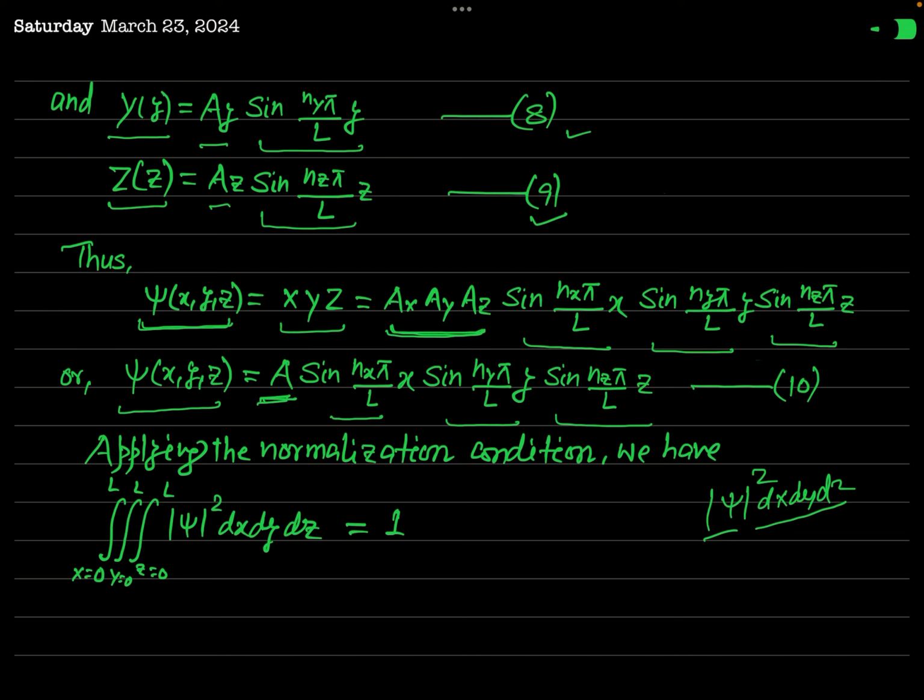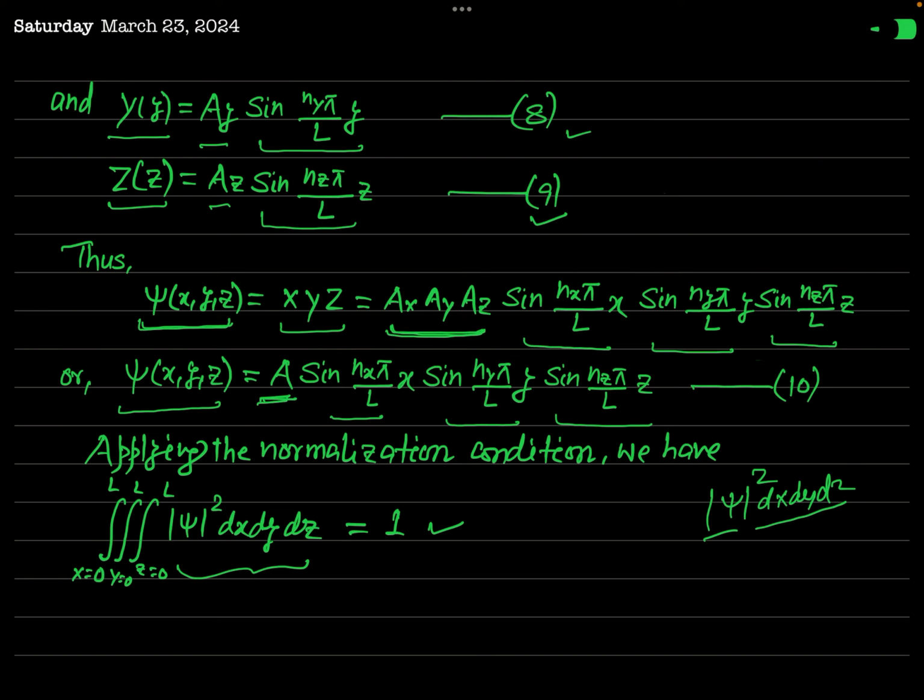It is not a probability, it is a certainty. So if you obtain the total probability of finding the particle inside this cubical box, that will become a certainty, that will be equal to 1. And that's why when we integrate this over the entire cubical box, our result will be equal to 1. This is also called the normalization condition.